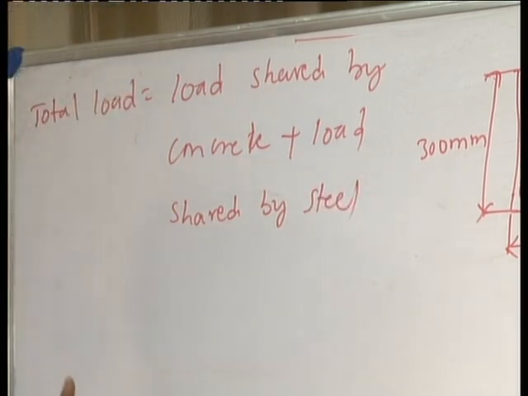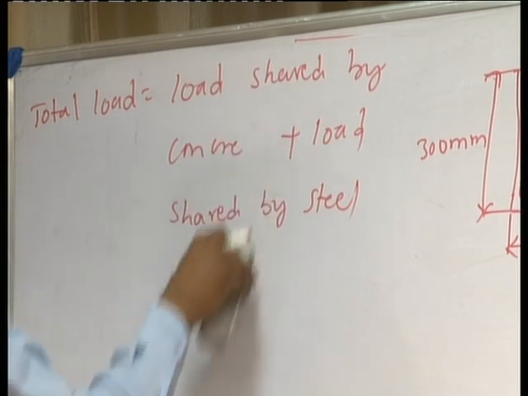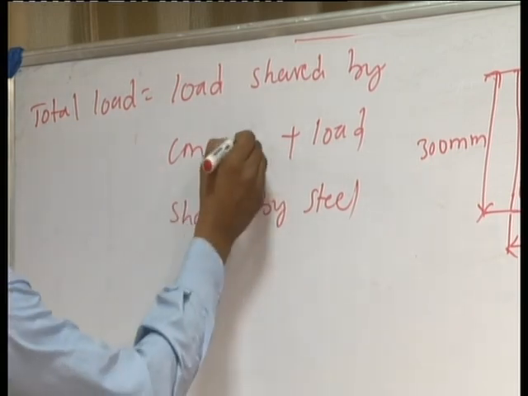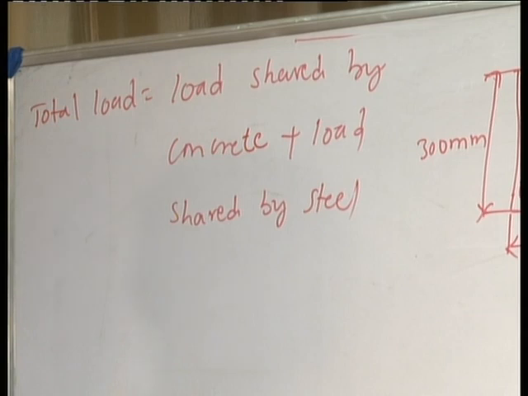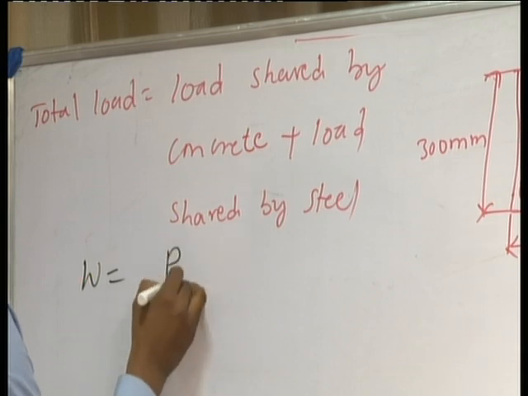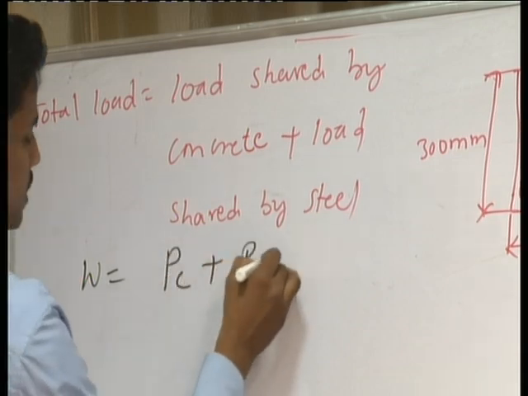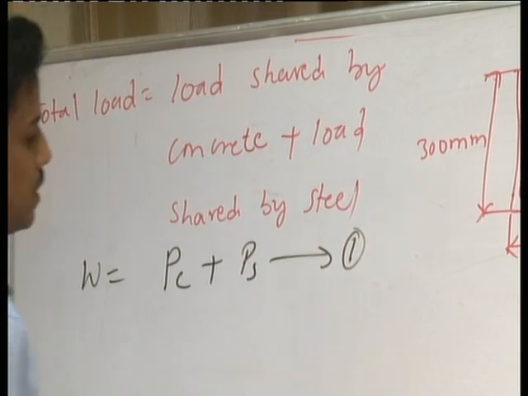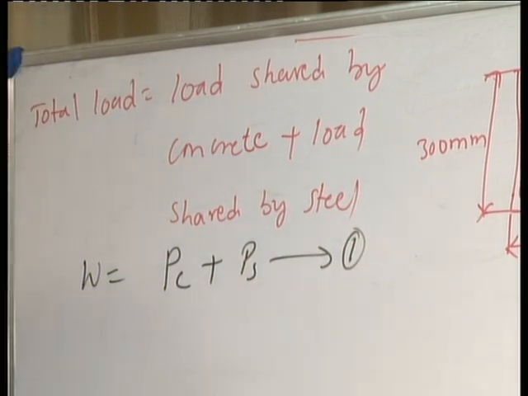The total load is nothing but the load coming on the column. So total load W is equal to PC plus PS. We can call this expression number 1.